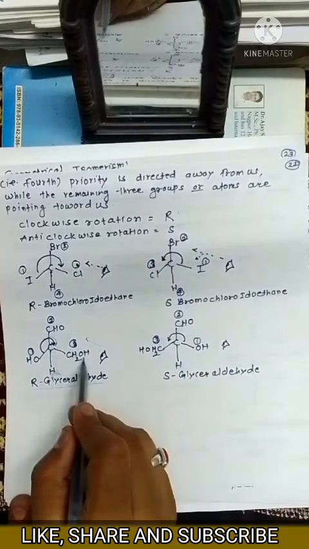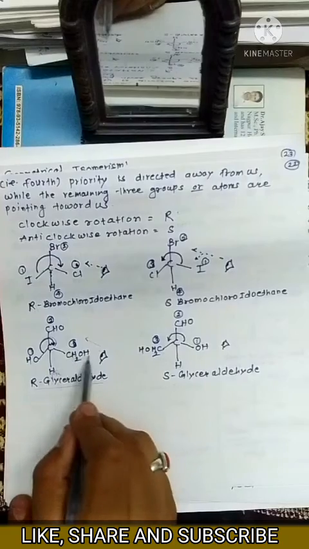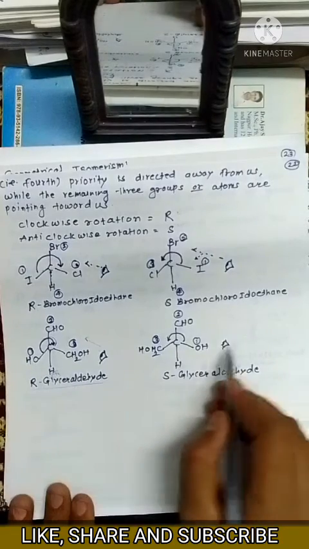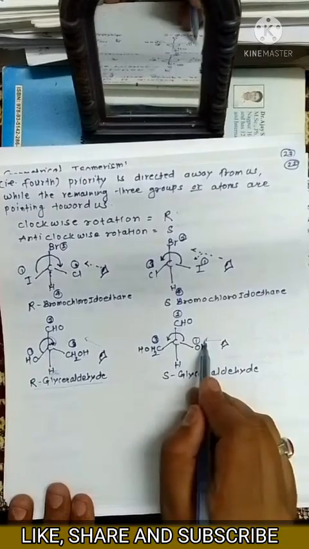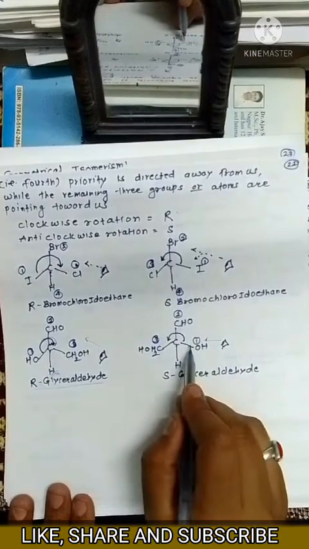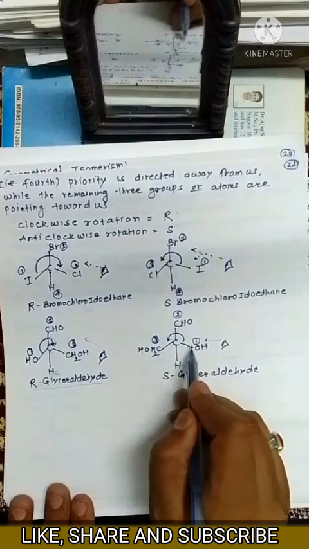Now what happens if we interchange the positions of CH2OH and OH? In this case, if the observer sees this molecule, the sequencing order gets reversed.